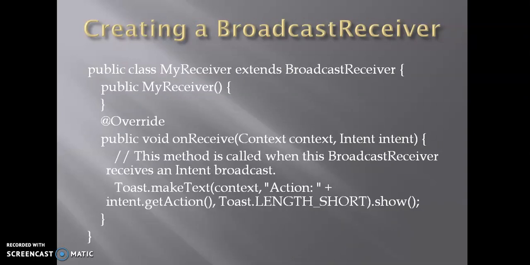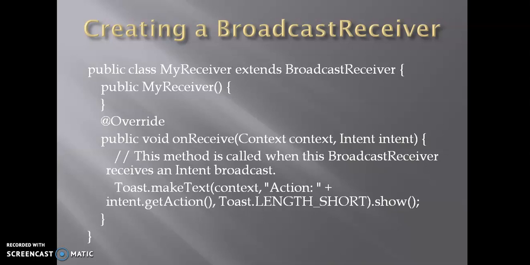There are two important steps that make the broadcast receiver work. The first one is creating the broadcast receiver, and the second is registering the broadcast receiver. So let's see how to create the broadcast receiver. I have made a Java file named myReceiver which extends BroadcastReceiver.